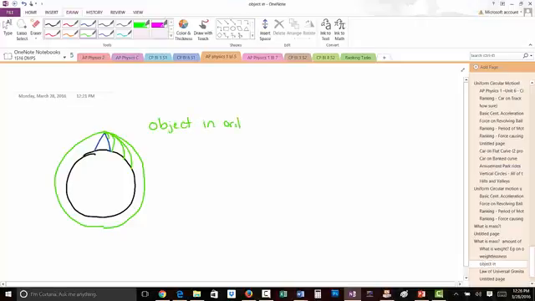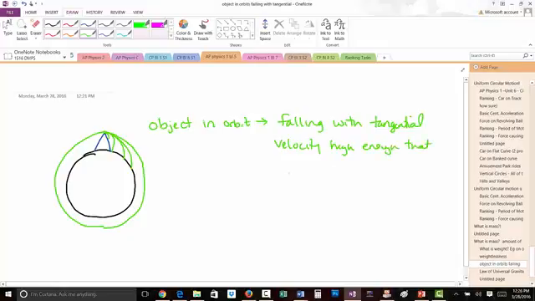So an object in orbit is just one that is falling with a tangential velocity high enough that it keeps missing the ground.